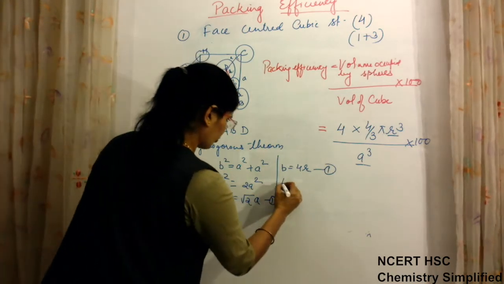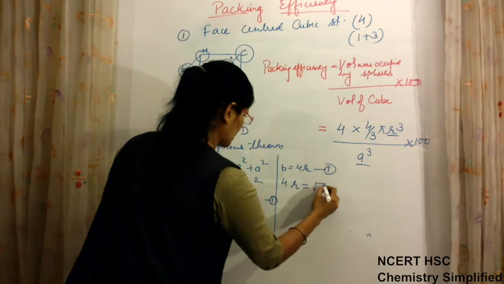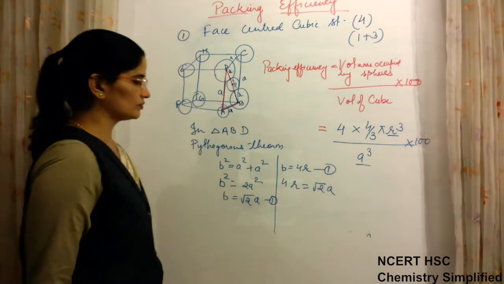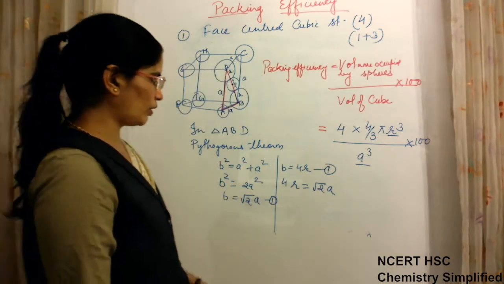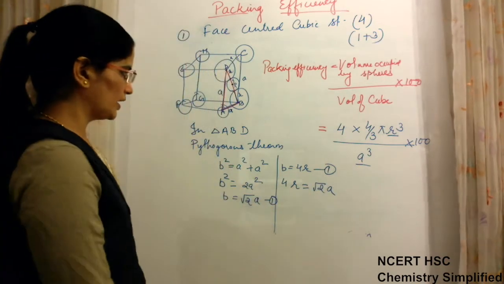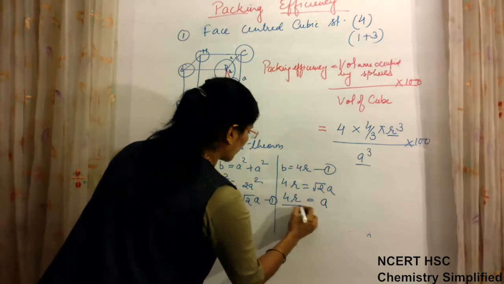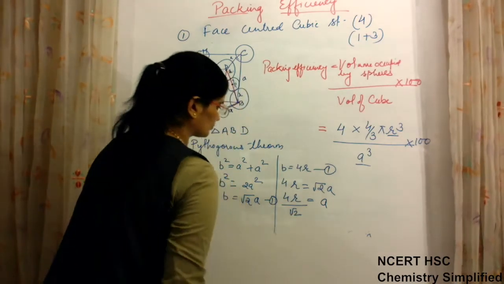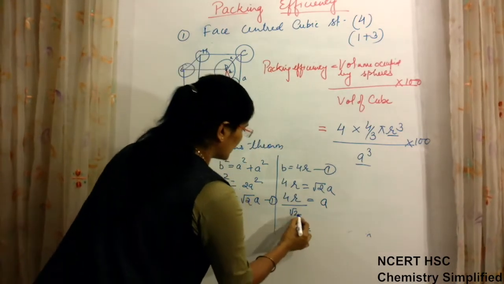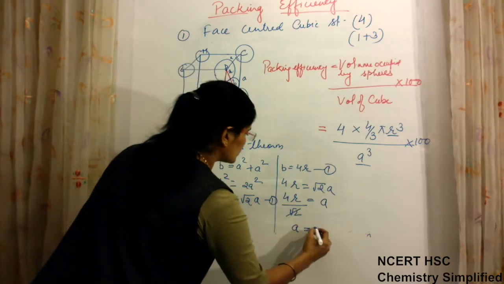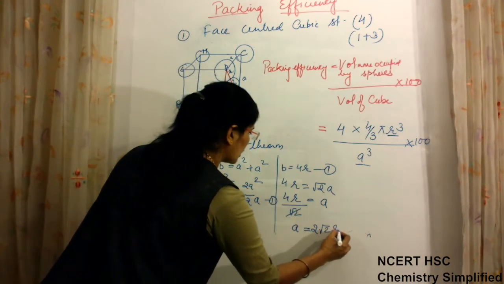So 4r is equal to under root 2 a, and we want the value of a in terms of r. So we will write a is equal to 4r upon under root 2, which can also be written as 2 under root 2 r, since under root 2 will cancel.